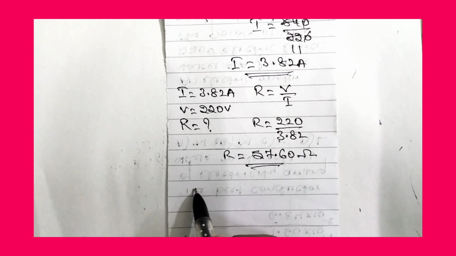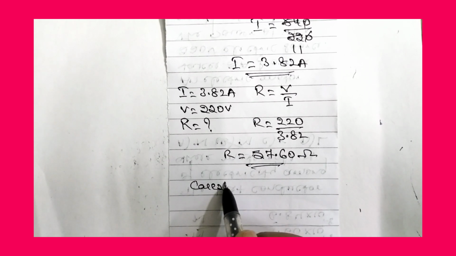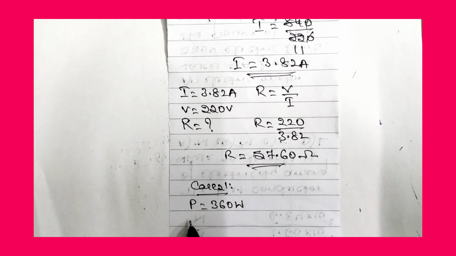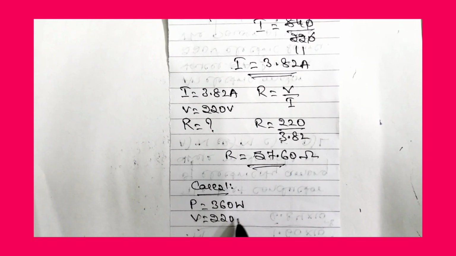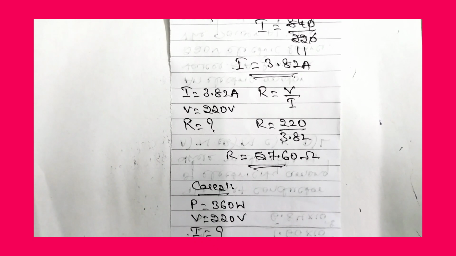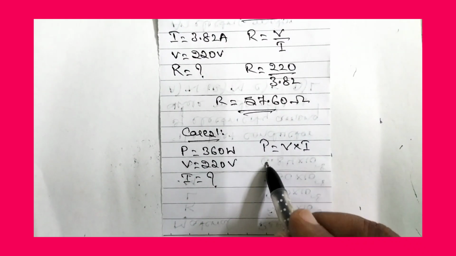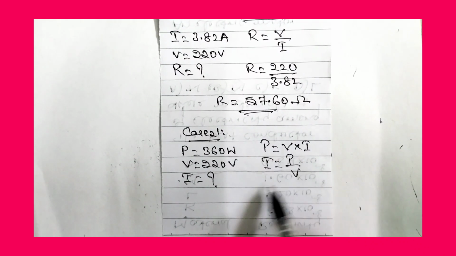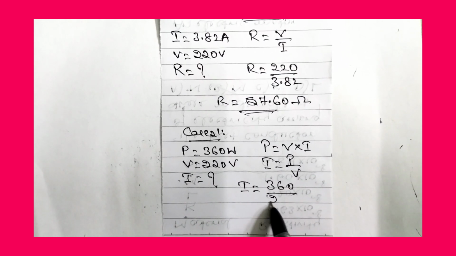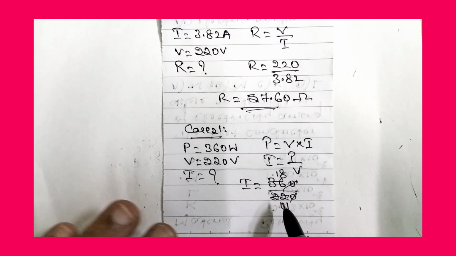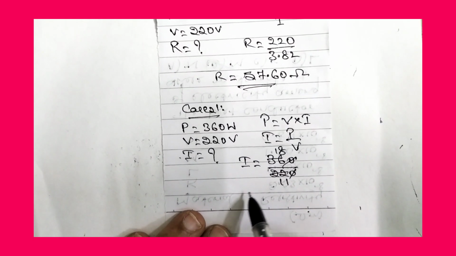Now let us move to the second case. So in case number 2, what is the power given? Power is equal to 360 watt and V is equal to 220 volts. Using these two, let us calculate I. So P is equal to V into I, or we can write it as I is equal to P by V. So I is equal to 360 by 220, 0 cancelled, 2 11s are 22, 2 18s are 36. So 18 by 11 is left.